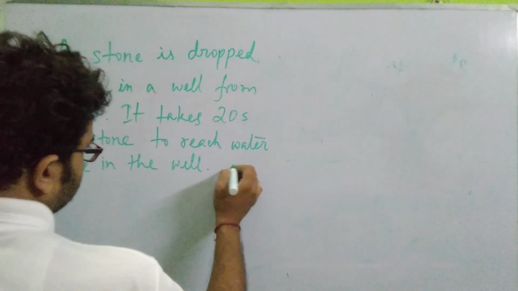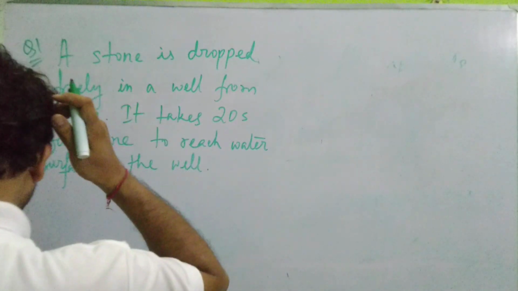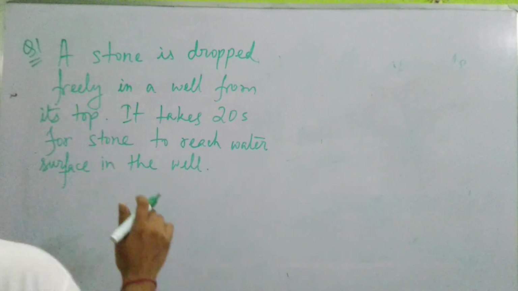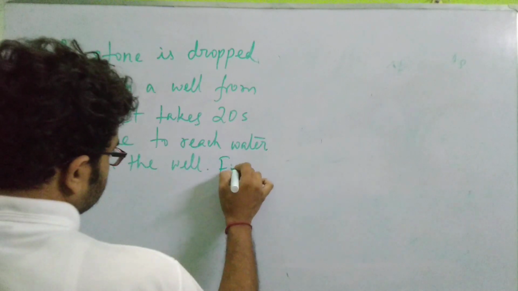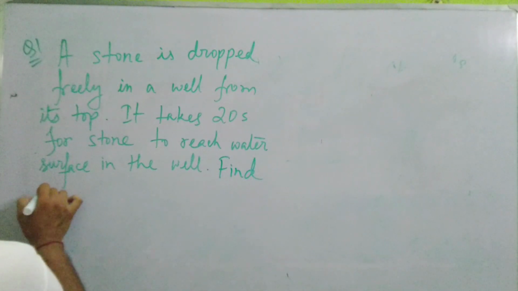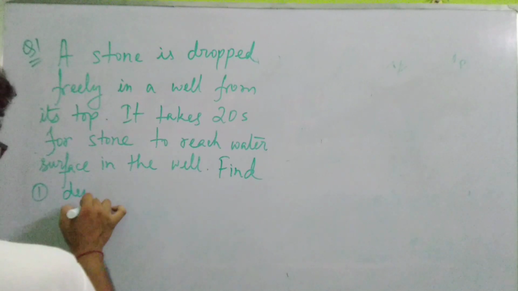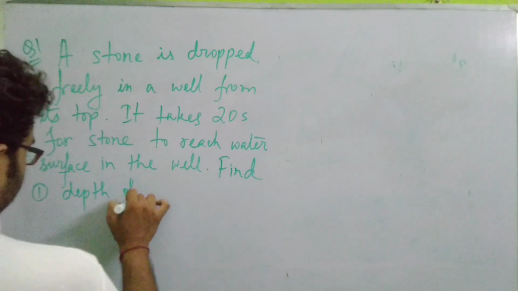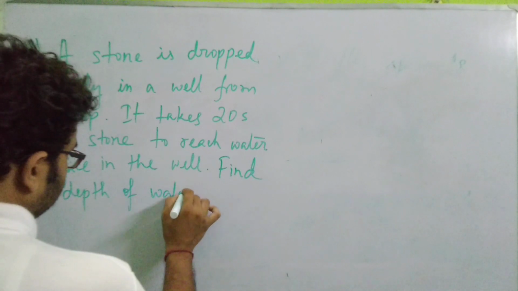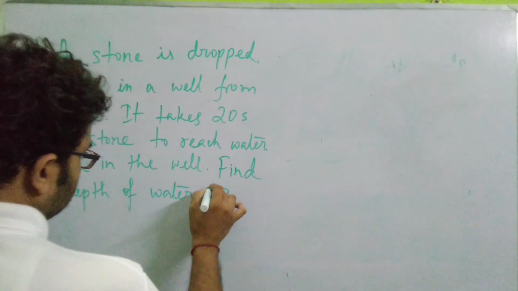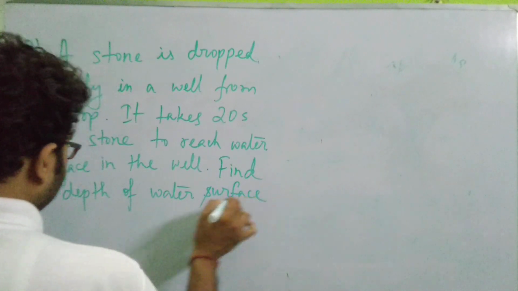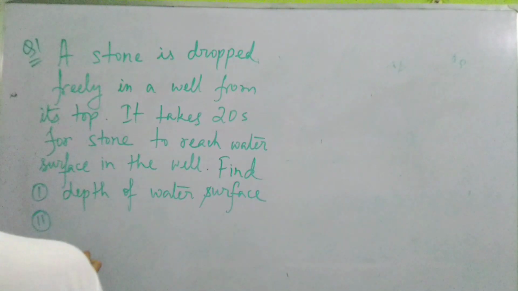Taking the value of g, and considering the speed of sound to be 330 meter per second, I am just giving a part of it. Find: subpart 1 says the depth of the water surface in the well. The second part is the time when the echo is heard after the stone is dropped.